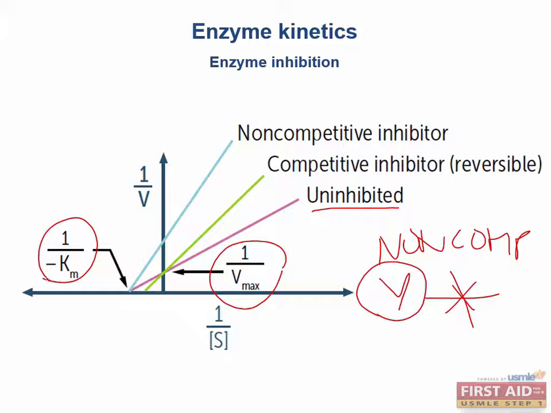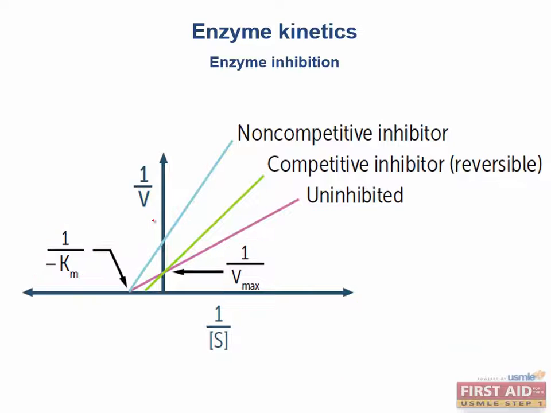Non-competitive inhibitors do not change the affinity of the enzyme active site for substrate, so there's no reason for the Km or the x-intercept to change. These stay the same. But the y-intercept shifts up the axis because the number in the denominator severely decreases because Vmax drops. So if you divide by a smaller number, then you shift up the y-axis.